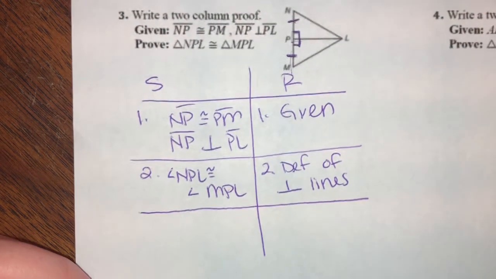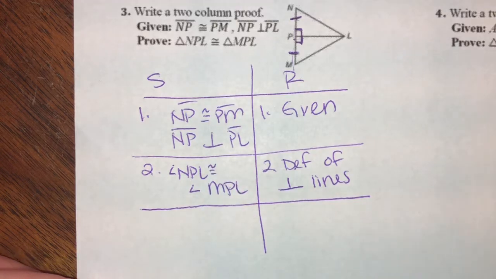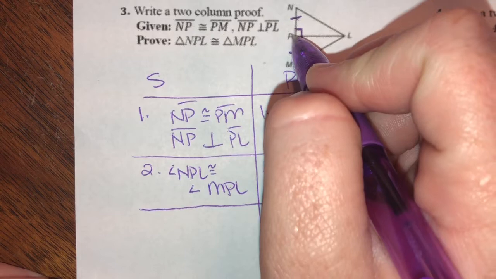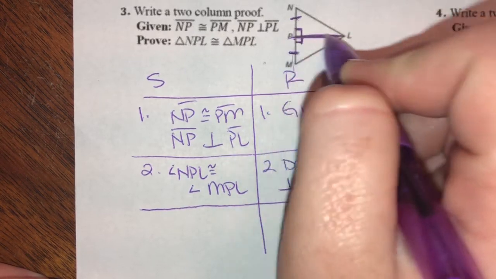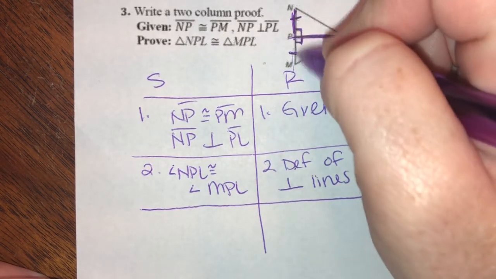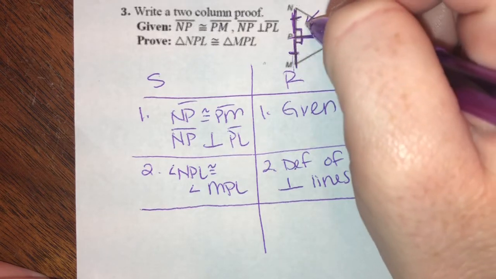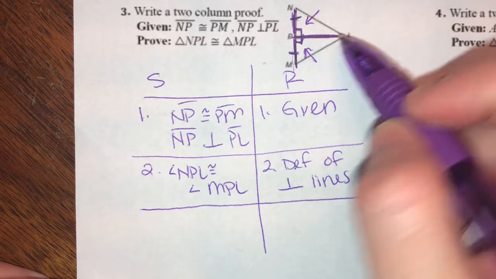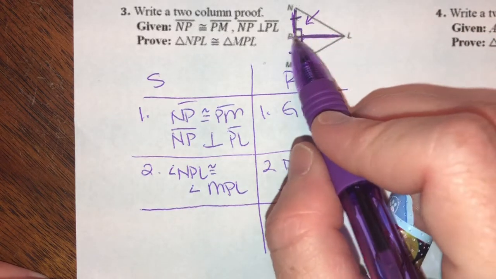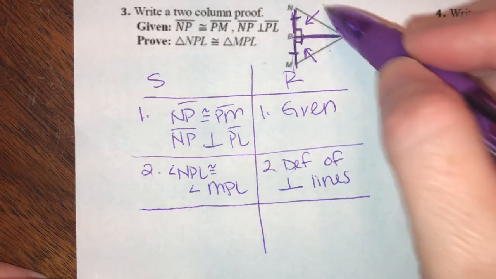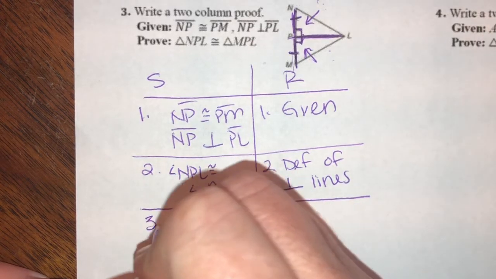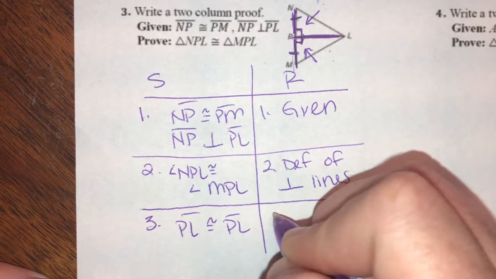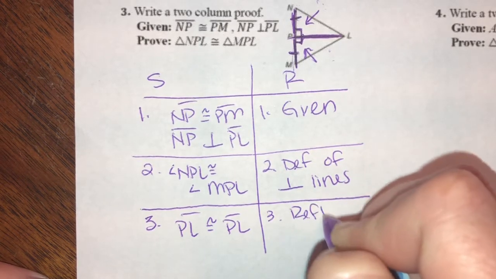I probably could have said they equaled 90 degrees, but they're congruent to each other. Okay, so I also know that PL right here is used in both triangles. I've already marked this side congruent to this side. I've marked this angle congruent to this angle. Side, angle, I need another side. And PL here is used in both triangles, and it's the same PL. So we can say PL is congruent to itself. That's reflexive.